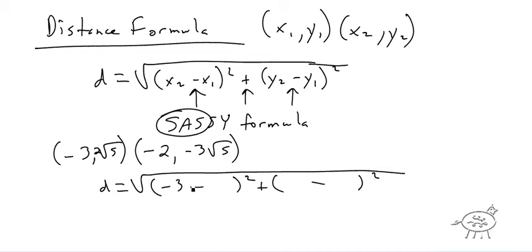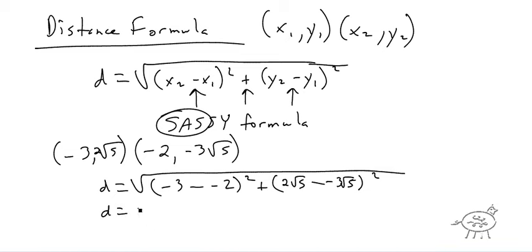So we're going to put negative 3 and negative 2. It doesn't matter which one you do first, because finding the distance from x2 to x1 or x1 to x2 doesn't matter. It all works out in the wash, because when you square it, it becomes positive anyway. Then we do 2 root 5 and negative 3 root 5.